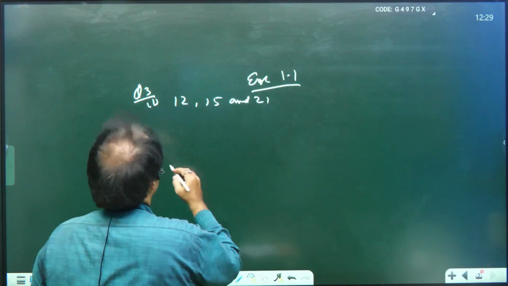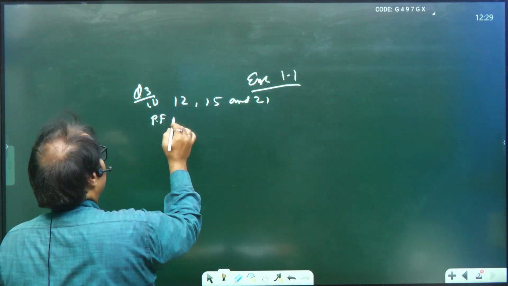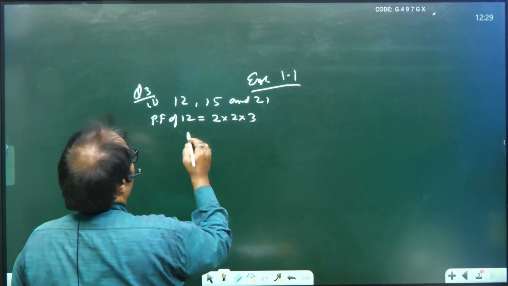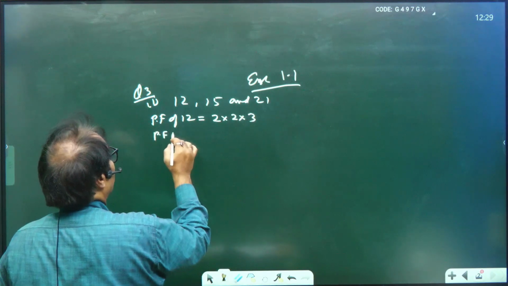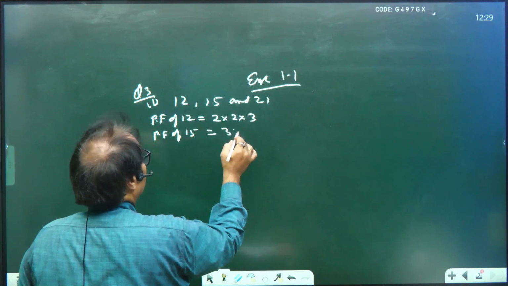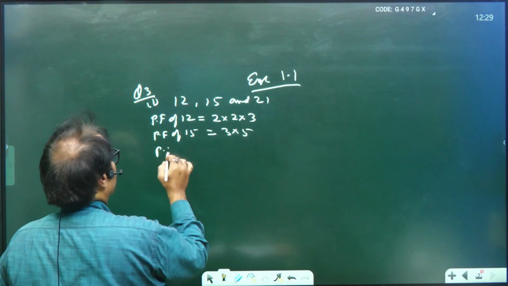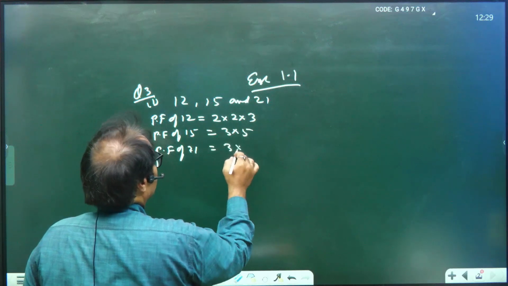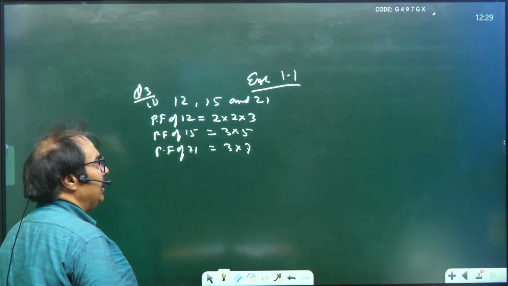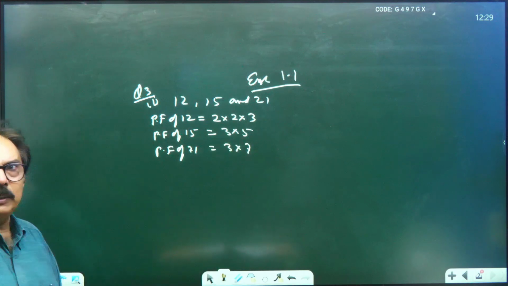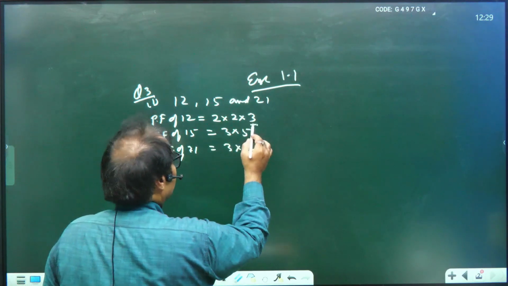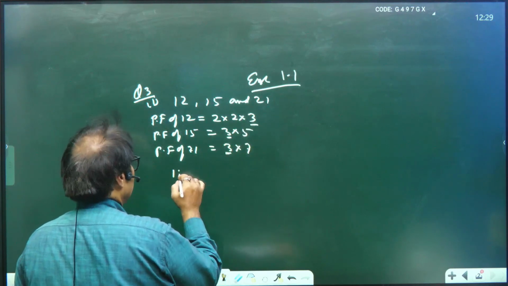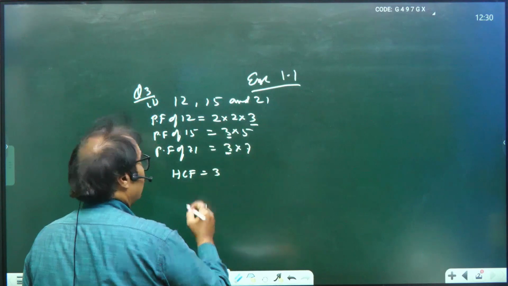The prime factors of 12 are 2 into 2 into 3, of 15 are 3 into 5, and of 21 are 3 into 7. First we find the HCF, the number common in all three numbers. 3 is common in all three, so the HCF is 3.